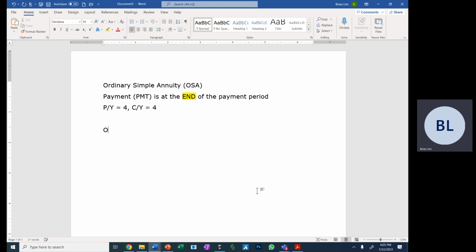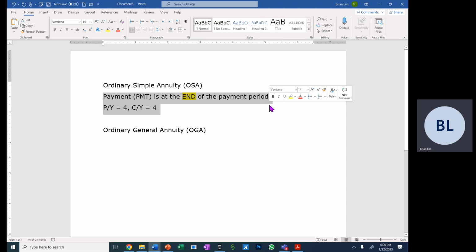Now we could also have an ordinary general annuity, or we could say OGA for short. So payment is still at the end of the payment period. So this is the same. But we will see what happens after that.